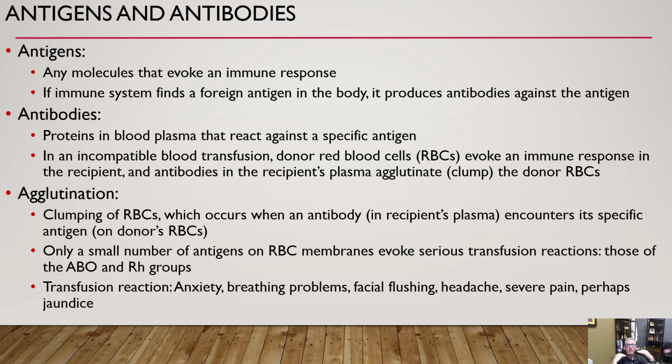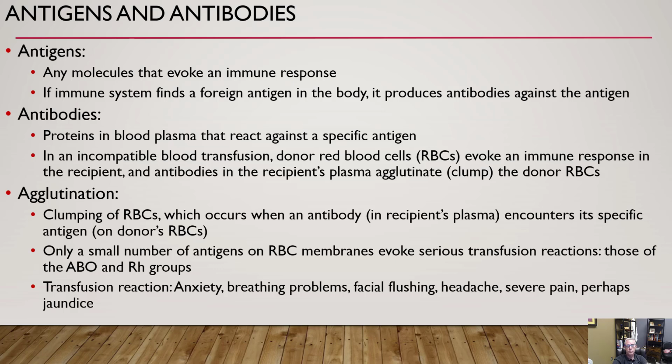So if we have an incompatible blood transfusion, that donor red blood cell will evoke an immune response because the antigen on that red blood cell will evoke an antibody reaction. So you're going to have a reaction between the antigen on the donor red blood cell and an antibody from the recipient's blood, causing agglutination. Basically, the antibodies are going to fight things in the body that it doesn't want.